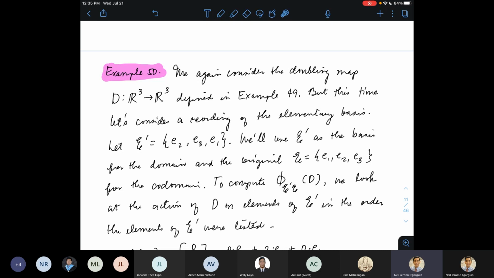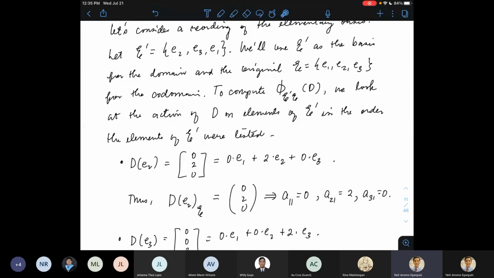Well, compute the image of the basis elements under the operator D. Okay? Pero remember, I am choosing E prime to be the basis for the domain. So I look at E prime and evaluate the image of every element of E prime in the order they were listed in the set notation.